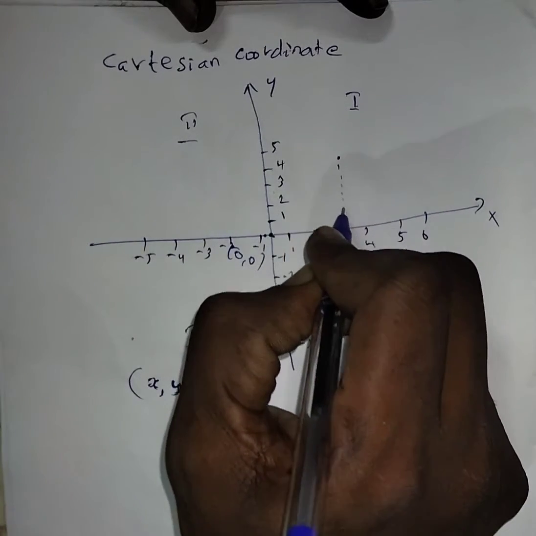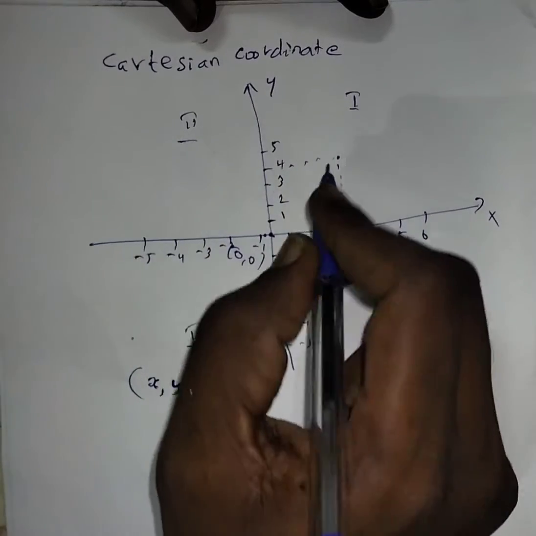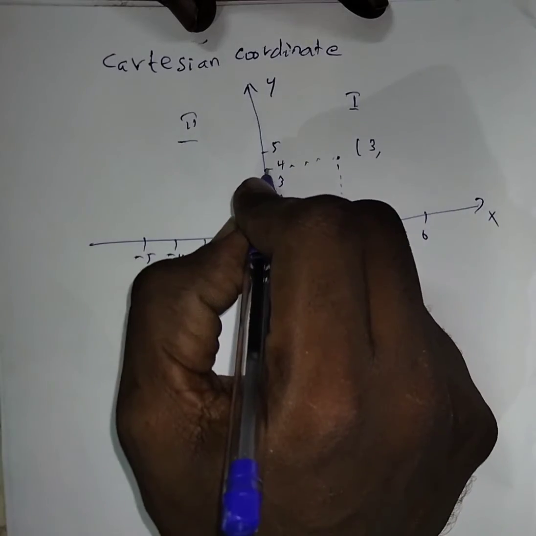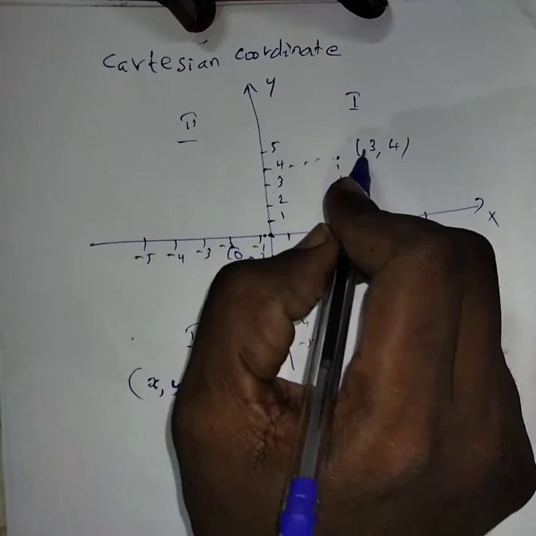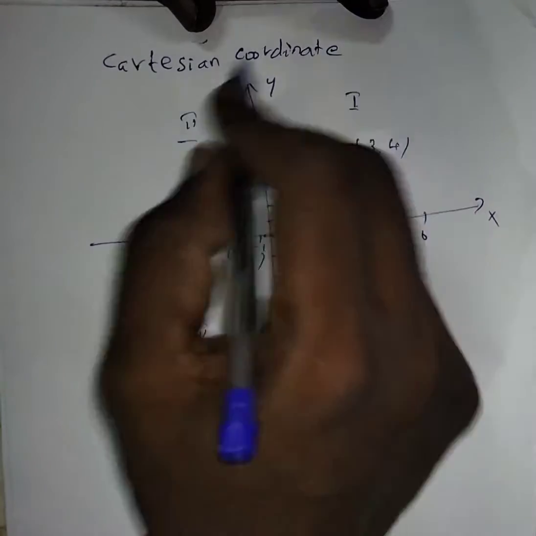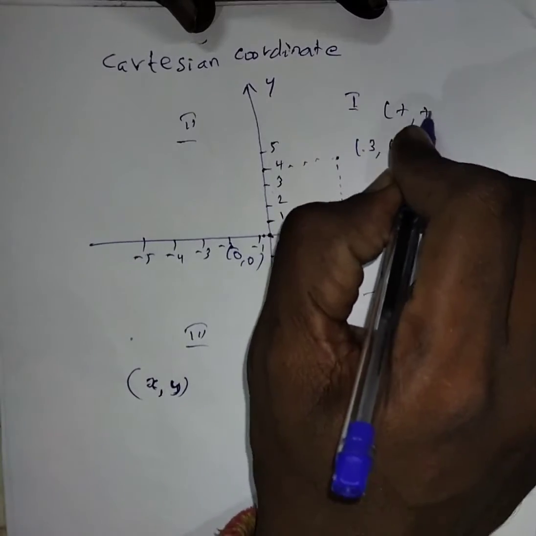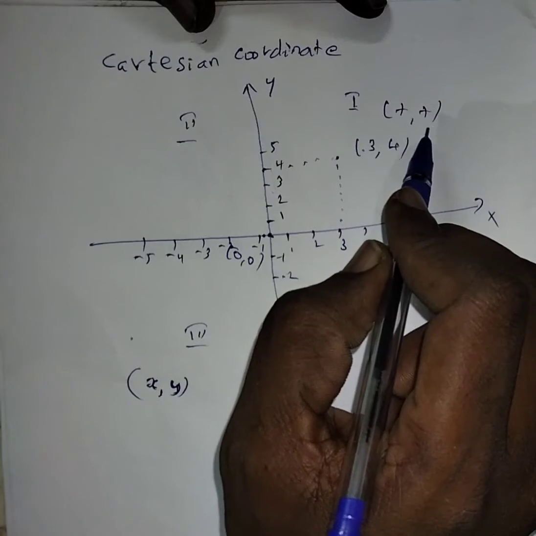If you draw the perpendicular line, horizontally it meets the x value as 3, so write the x value 3. The same way it meets the y value as 4. So (3, 4), both values are positive. So in the first quadrant, the coordinates are always positive, positive. That means the x value is positive and the y value is also positive.